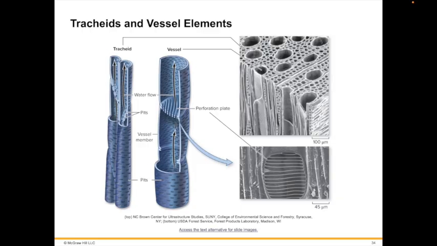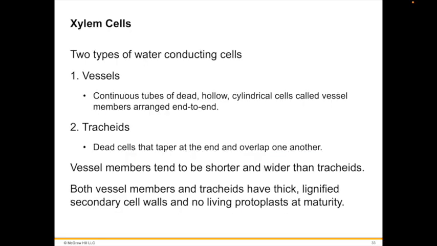In addition to conducting cells, xylem typically includes fibers and parenchyma cells. Some types of fibers likely evolved from tracheids, becoming specialized for strengthening rather than conducting fluid.